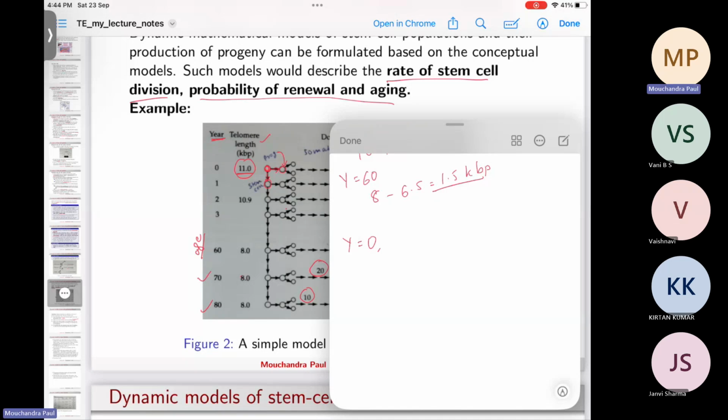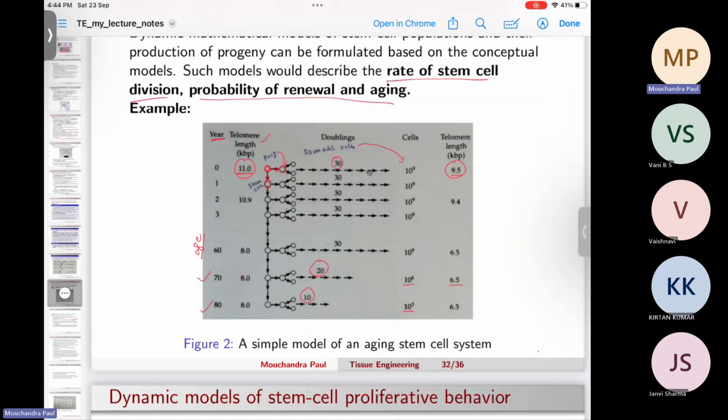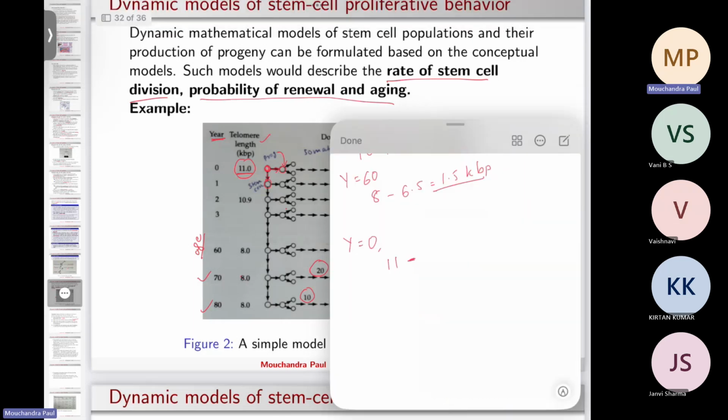So 11 kbp is the length initially, where after 30 doublings, so 30 into, say you assign some variable to the lost number of base pairs.